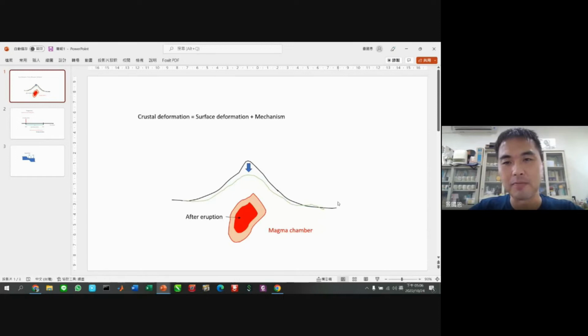When we talk about the surface deformation like this, whether a volcano or any kind of mechanism, we always have the displacements in 3 dimensions. So east and north for horizontal, and the vertical displacement. So we have 3-dimensional displacement.